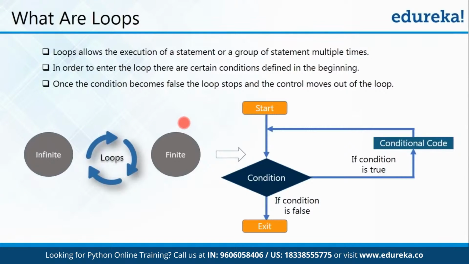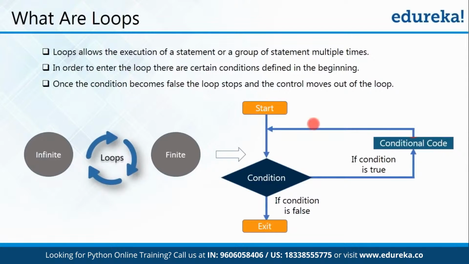Let me explain this with the help of the flowchart in front of your screen. What are loops? Loops basically allow us to execute a statement or a group of statements multiple times. Here the control comes and checks the condition. If this condition is true, it'll go on and execute the conditional code, which is nothing but the statements present inside the loop.